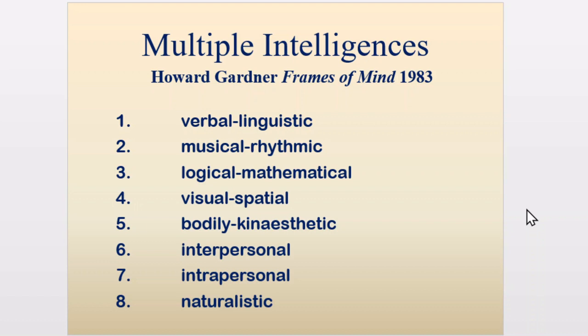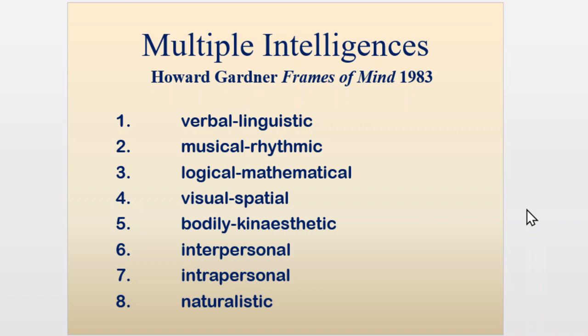Some people will have high verbal or linguistic ability. We all have all these intelligences in varying degrees, but Gardner explains that some people will have a dominant kind of intelligence which will govern his or her learner style.